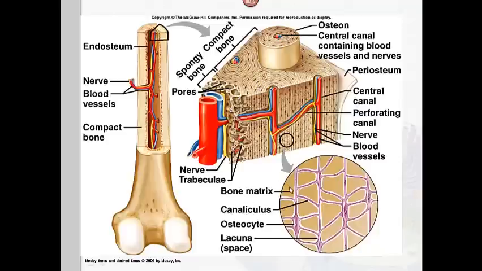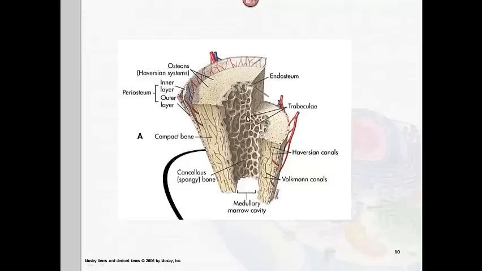You have the matrix and the canaliculi, which are present in the compact cortical bone, that are not present at the level of the trabecular or spongy bones. Remember, the trabecular spongy bones are basically porous. Again, this is the compact bone and the trabecular or spongy or cancellous bone.